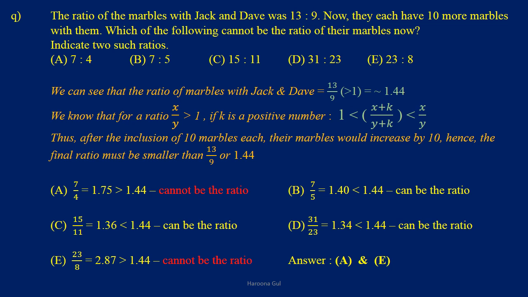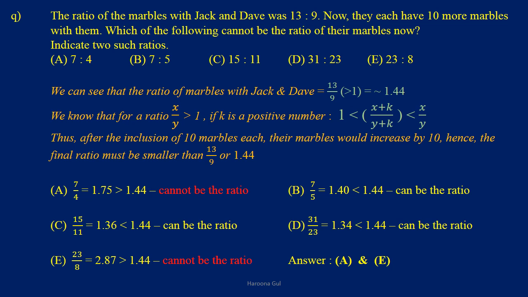So we're going to check each one of the fractions given in the optional answers, and we look for our correct answer, right? So 7/4 is 1.75, which is definitely greater than 1.44. 7/5 is equal to 1.40, which is less than 1.44.